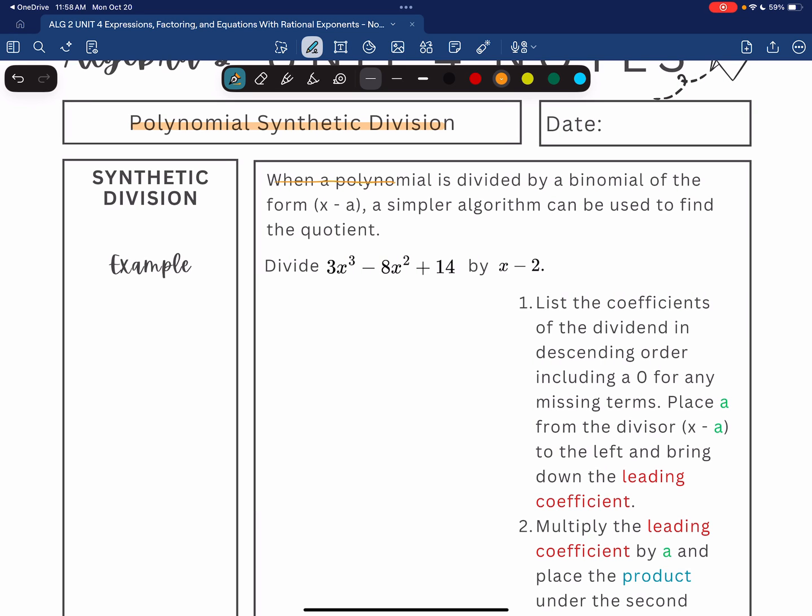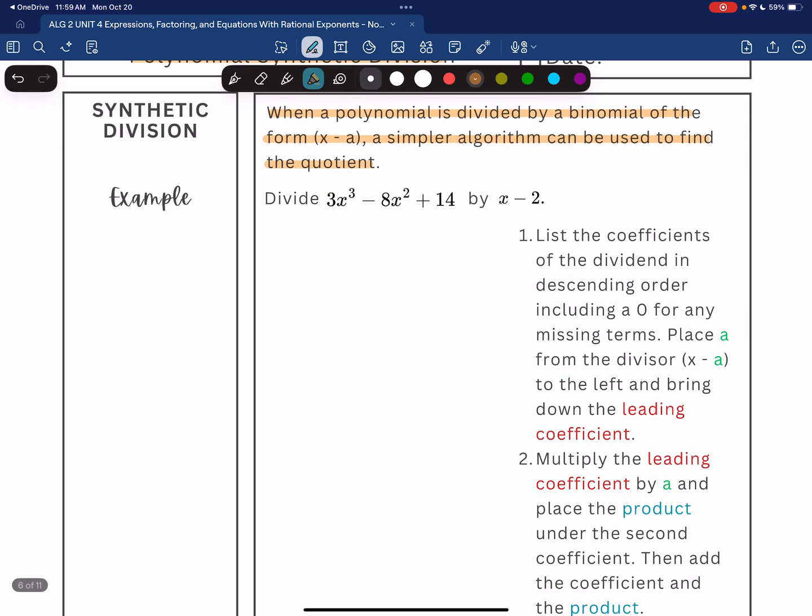So only when it's of this format can we use synthetic division. If not, then long division is the only method that we can take. But in this case, do you see here how this is of the form x minus a? Because it is in that form, we can use synthetic division.